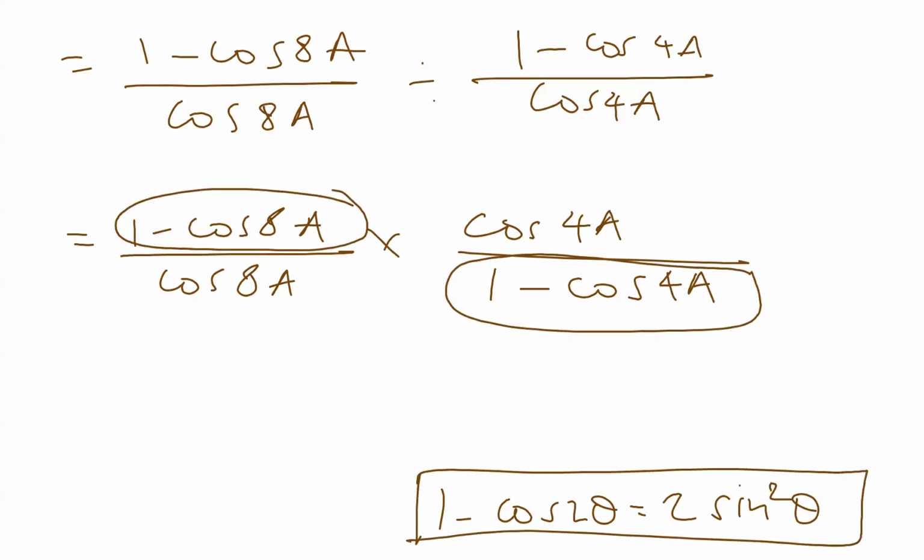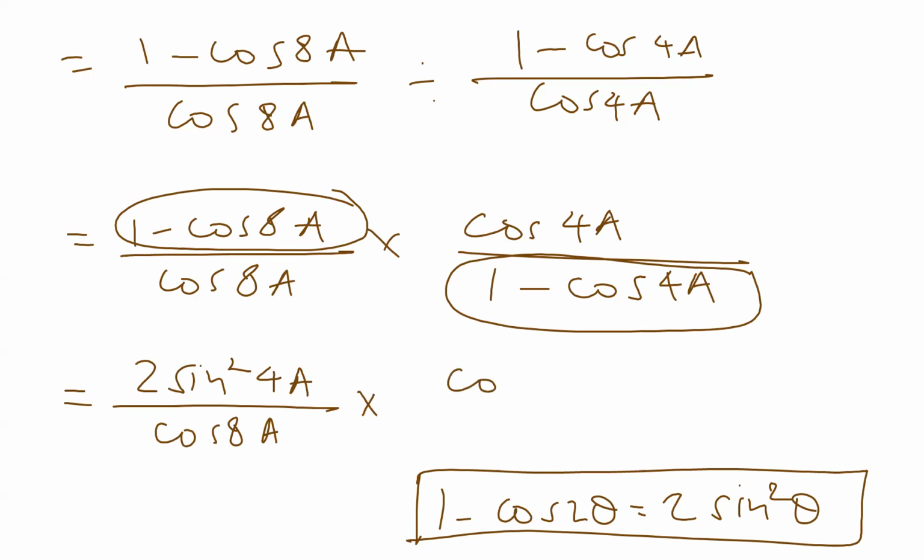So 1 minus cos 8a will be 2 sin square 4a upon cos 8a into cos 4a upon 2 sin square half of 4a, which is 2a.